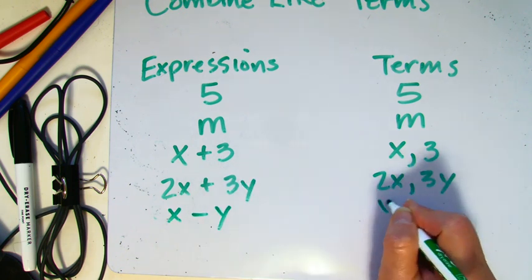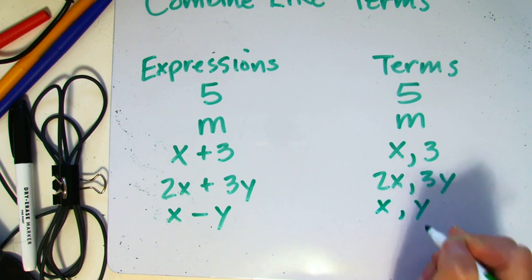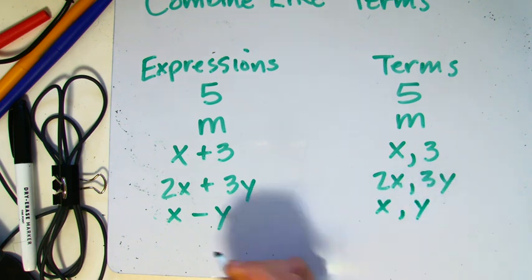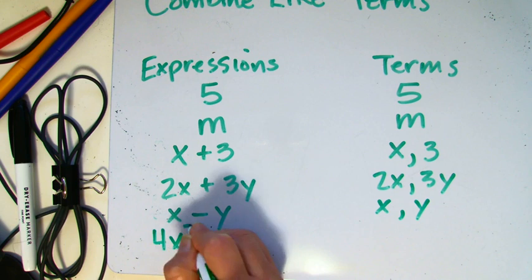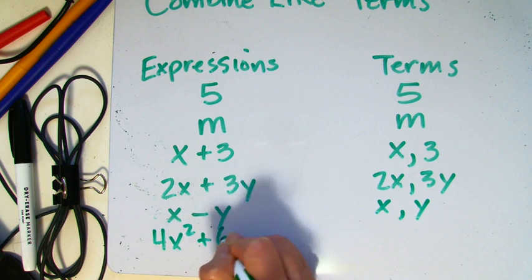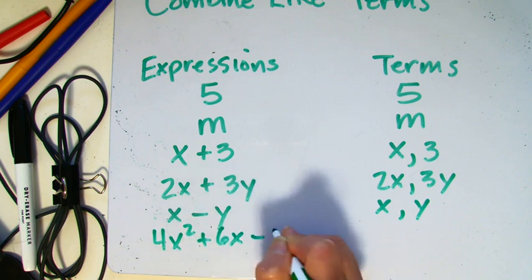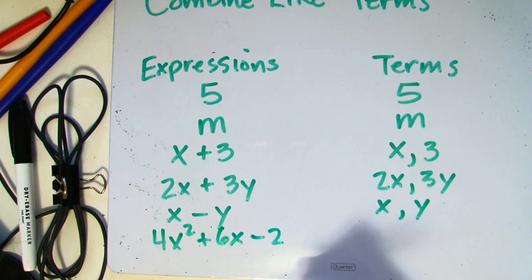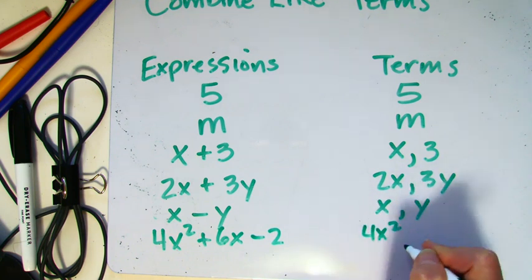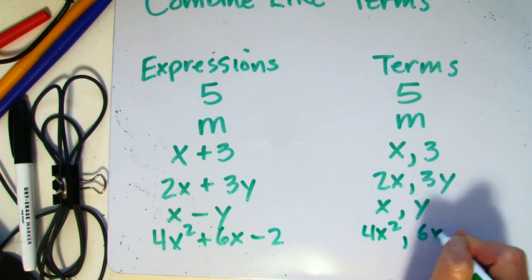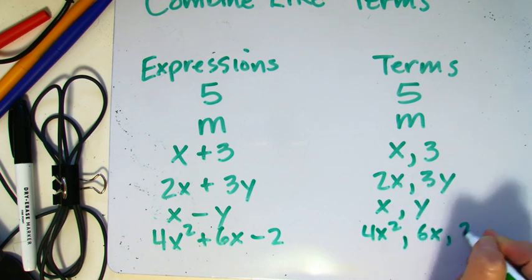Again, our terms are x and y. Lastly, we can have 4x squared plus 6x minus 2. Our terms are 4x squared, 6x, and 2.